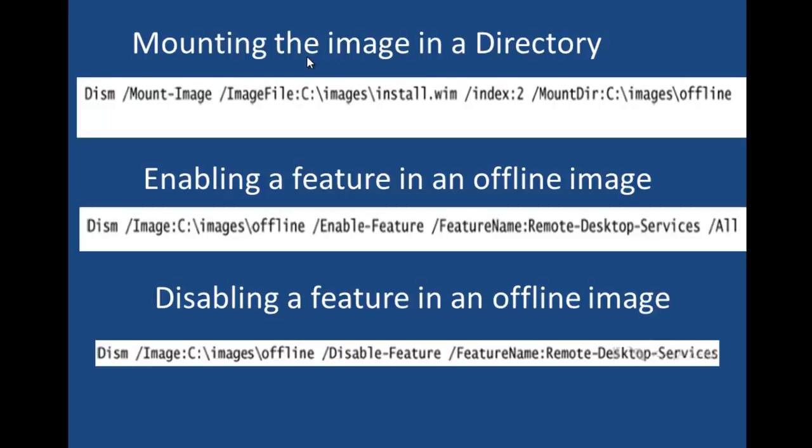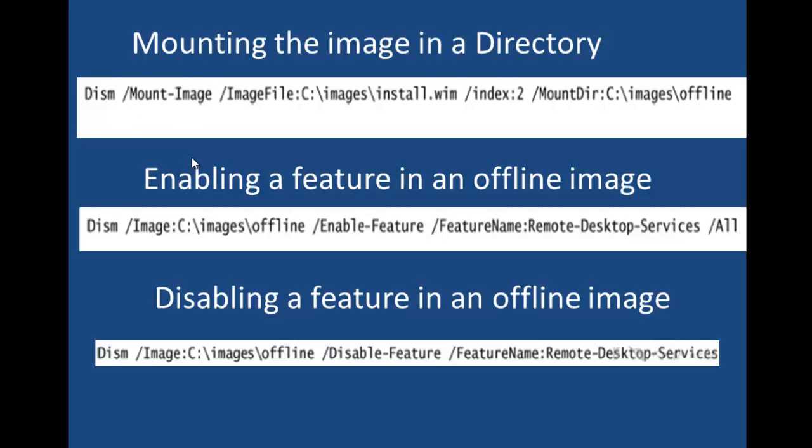Mounting the image is going to put our image in a folder structure. Just like Windows Explorer, you can click on a folder and see the different files or folders inside of that folder. We're going to do the same thing here with the DISM command so that we'll be able to use the information in the install.wim file.